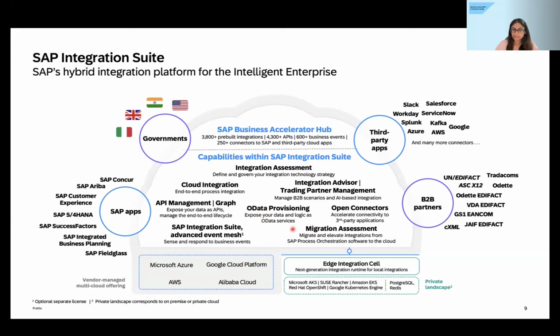Now coming to this piece, which is the focus of the session, we have migration accelerators. Migration assessment is a capability in Integration Suite with which you can connect to your PO system, assess your landscape, and have an effort estimation provided for your ICOs: how many of them are ready to move, and how many of them need some adjustment or evaluation. We also have the migration wizard, which is inbuilt in cloud integration, which will help you to migrate your ICO to cloud.